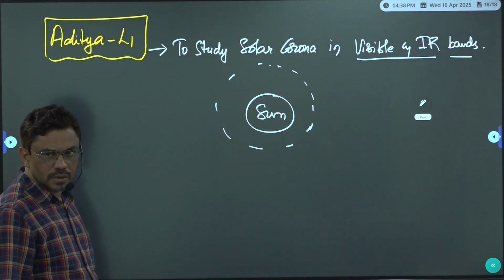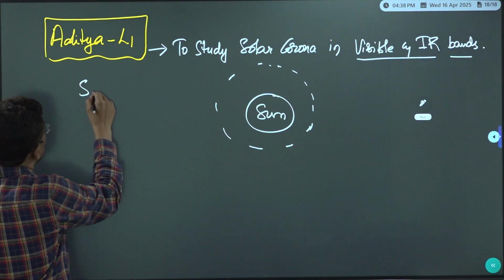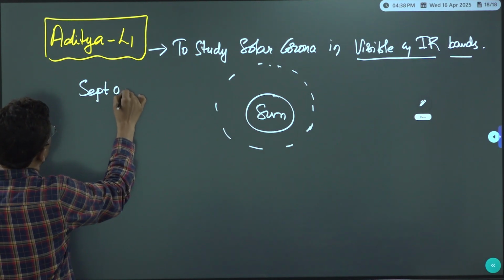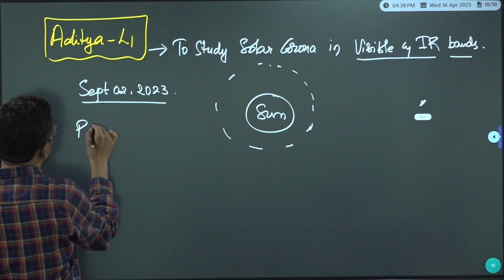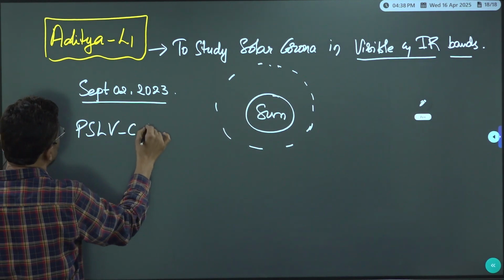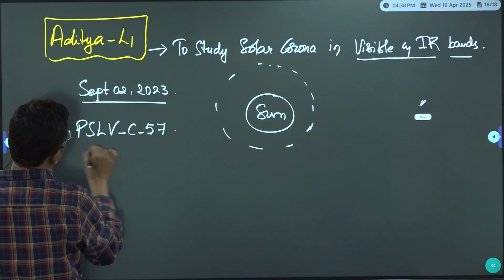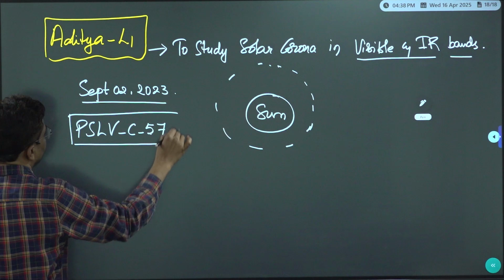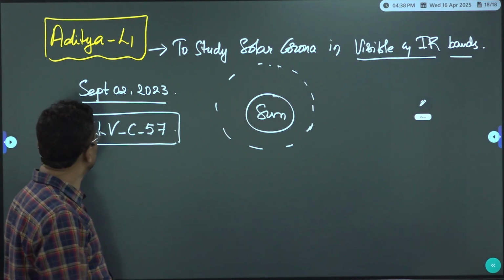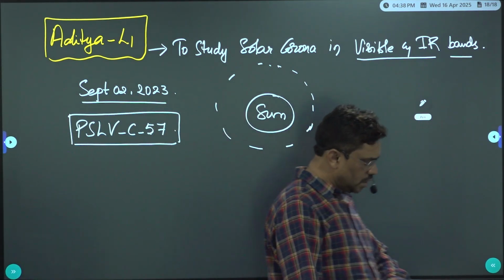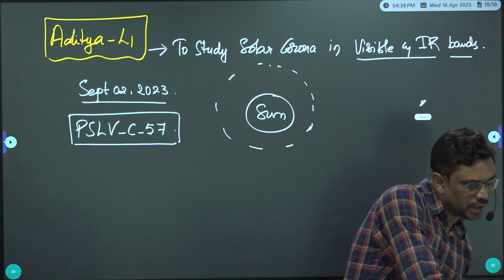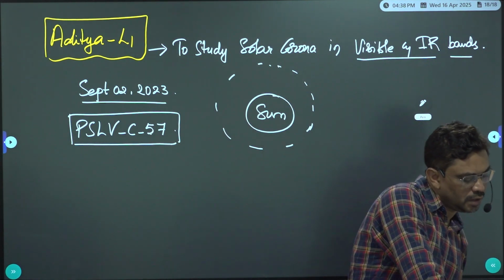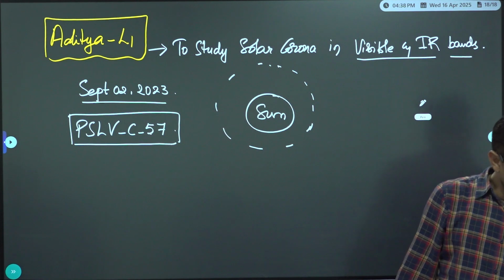It was launched on September 2nd, 2023 by using PSLV C57, the XL variant, from Satish Dhawan Space Center.